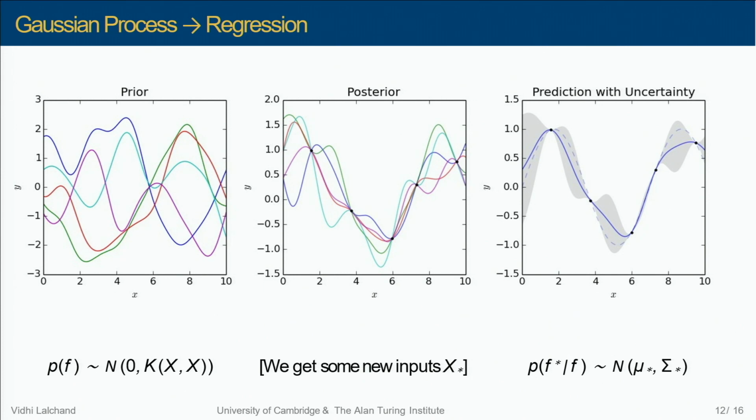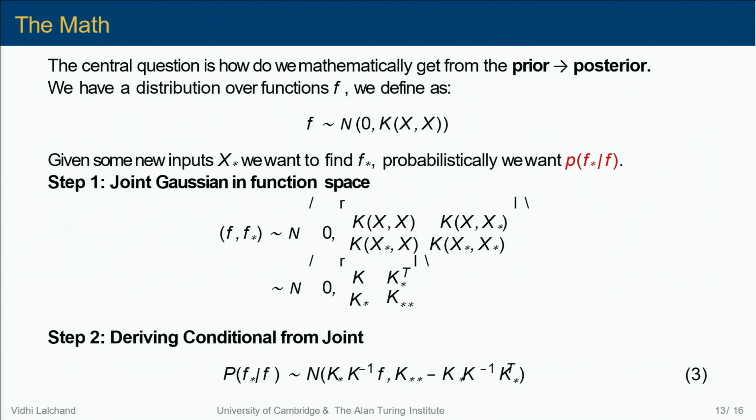So the process of going from the prior probability distribution of functions to the posterior probability distribution over functions, which is actually a conditional distribution because we observe some data: given we observe some function values, what is our probability distribution over the rest of the function values? This is a really simple operation mathematically.